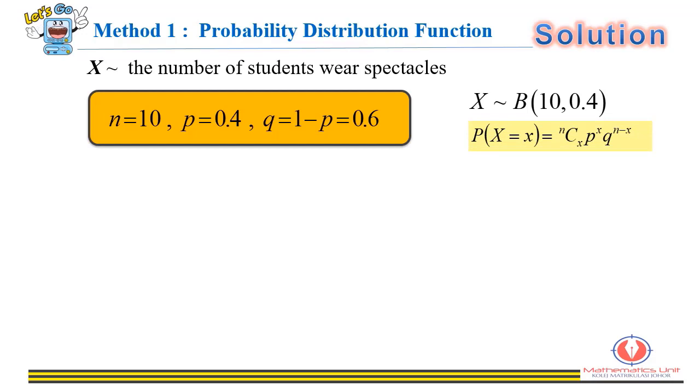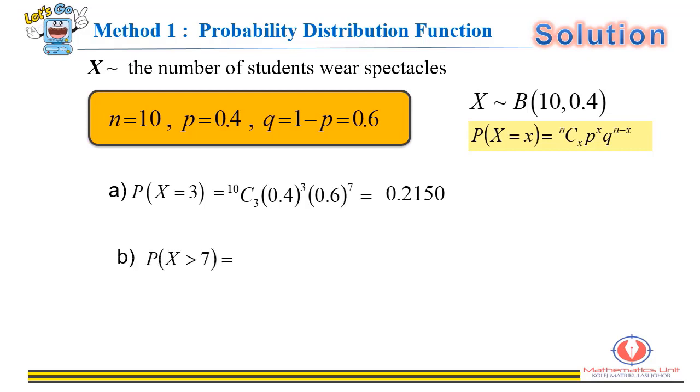For the first case, I'm going to find the probability that only 3 students wear spectacles. That means the probability x equal to 3. By using the binomial distribution function formula, we substitute the corresponding values, so we get the probability of 0.2150. For question B, we are going to evaluate more than 7 students wearing spectacles.